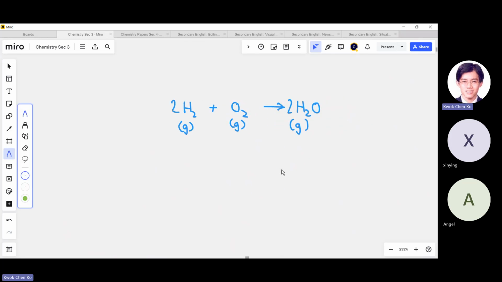What if I tell you this? Same thing, theoretical ratio, nothing new. You just rewrite all the numbers there, 2 is to 1 is to 2. But look at the actual amounts.